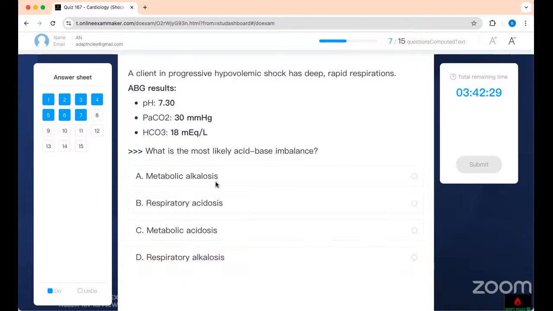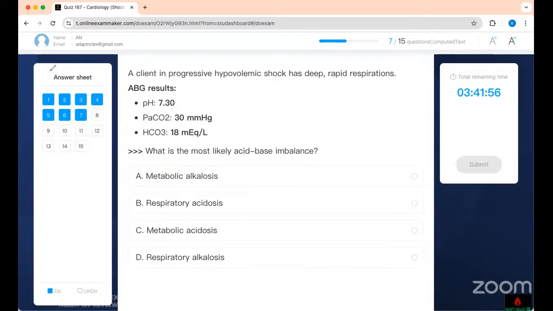But the clue you can get is what? Deep respirations. If you're doing that, you're hyperventilating. Why would you hyperventilate? This is ABG. If you need some ABG, I have good videos that you can watch. Why would you hyperventilate? When you're hyperventilating, it's respiratory alkalosis. When do you do respiratory alkalosis? Just flip it.